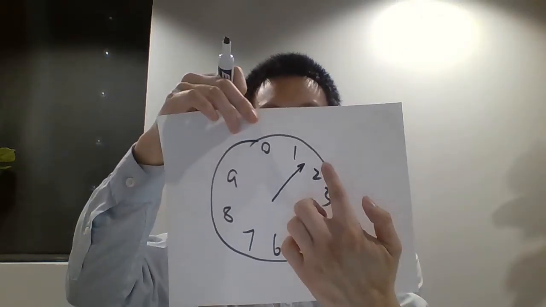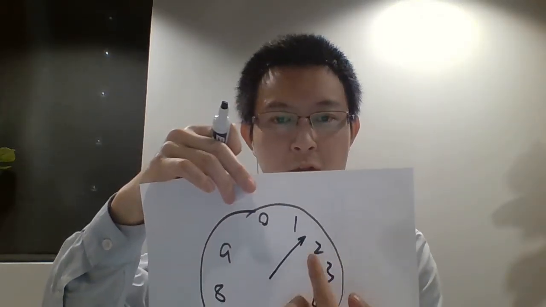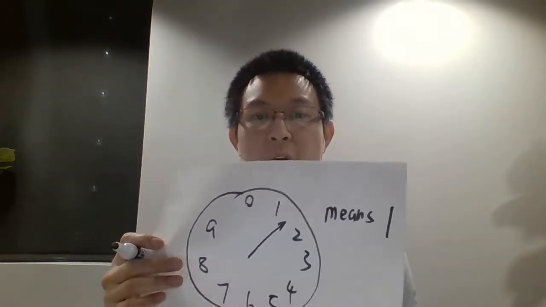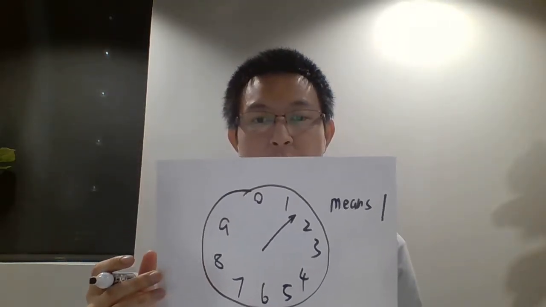It's not quite beautiful, but just to say. If the pointer is between 1 and 2, it means 1.